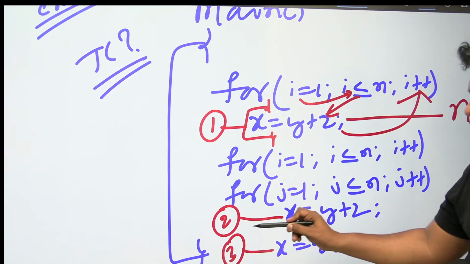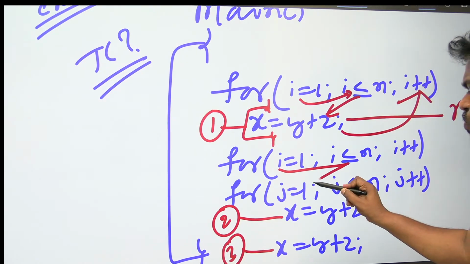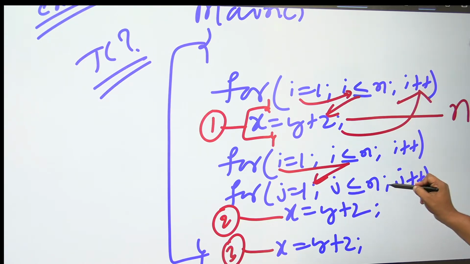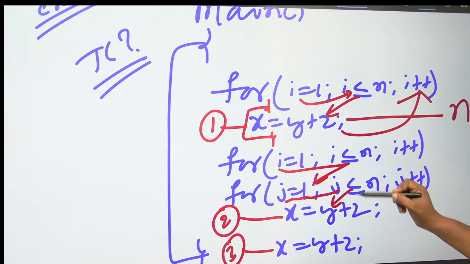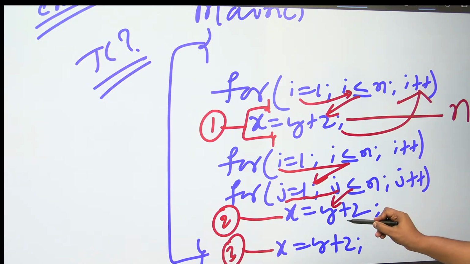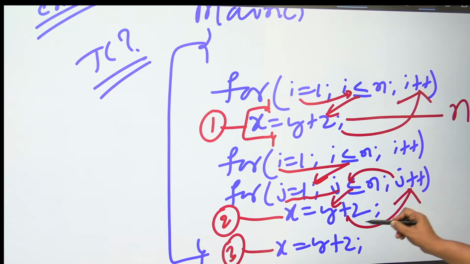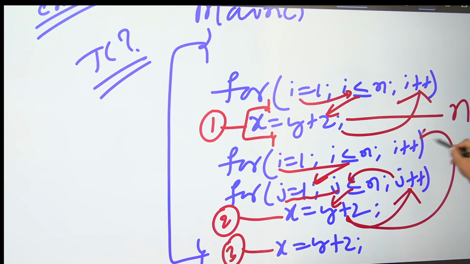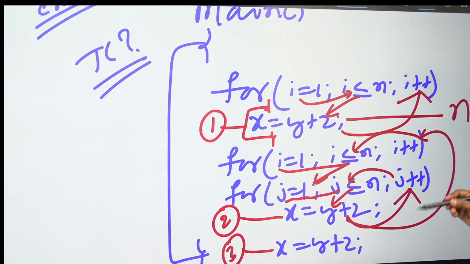And now the second statement. If you observe, for each i value you will go to j, and for each j value you will execute the statement. Afterwards you go to the incrementation and it continues. Whenever the condition fails, you exit. For each i value you run the j loop, and for each j value x is equal to y plus z.